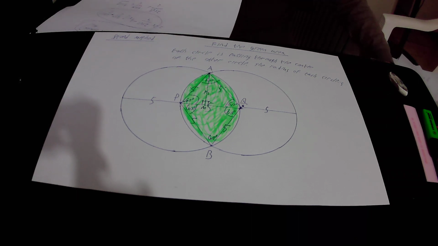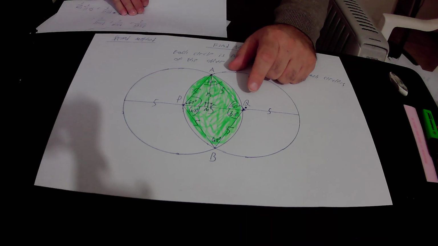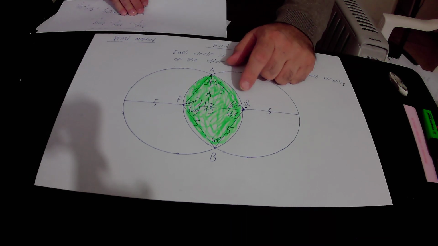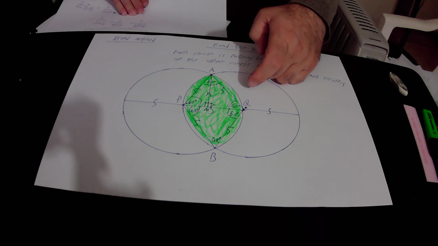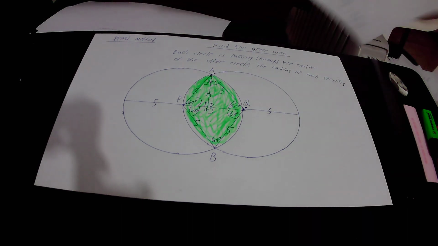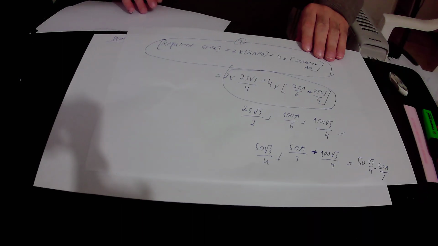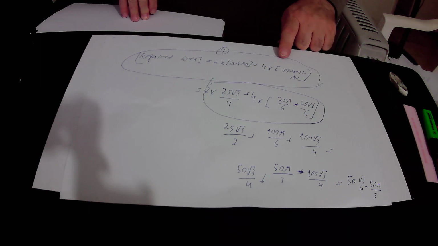Therefore, in order to find the area of the four segments, we multiply the area of segment AQ by 4, because they have the same areas. So the required area is 2 times the area of triangle APQ plus 4 times the area of segment AQ.